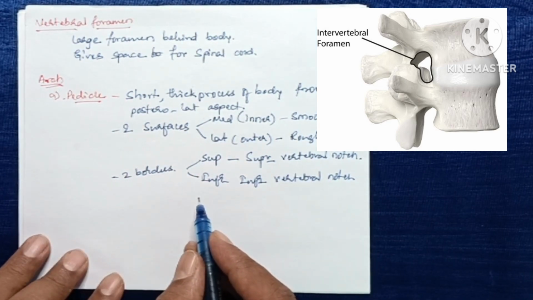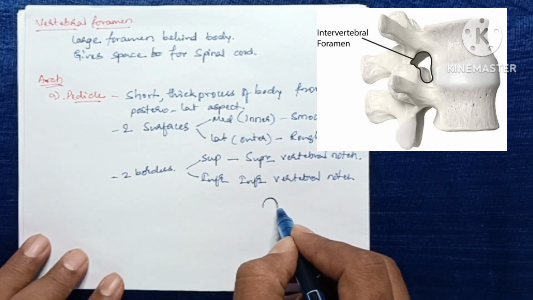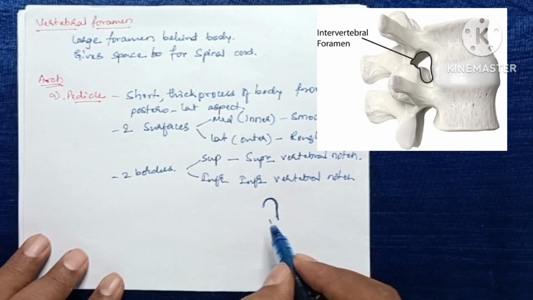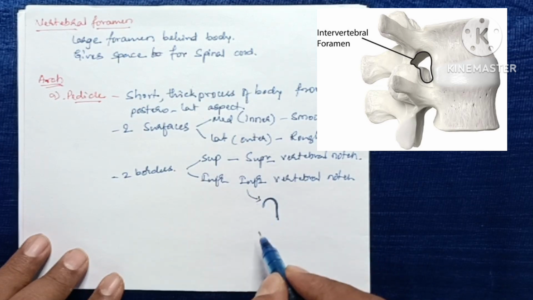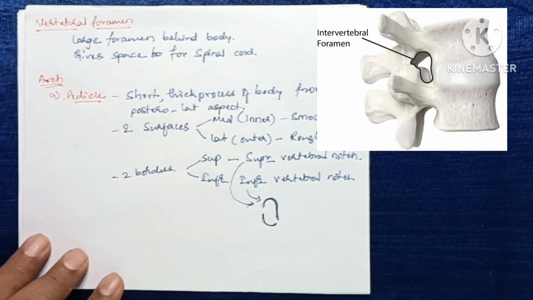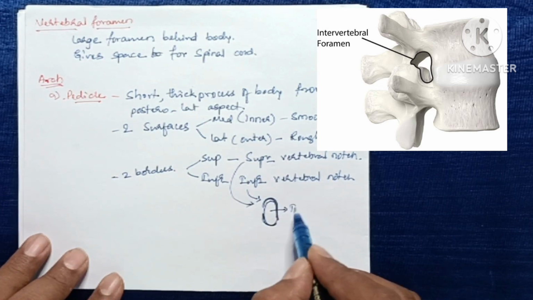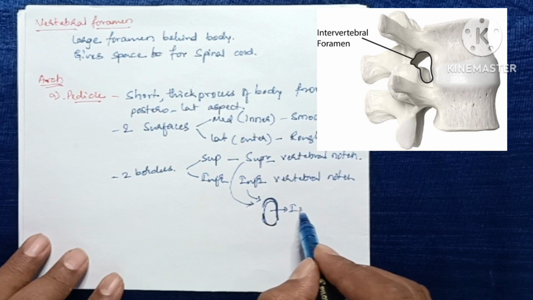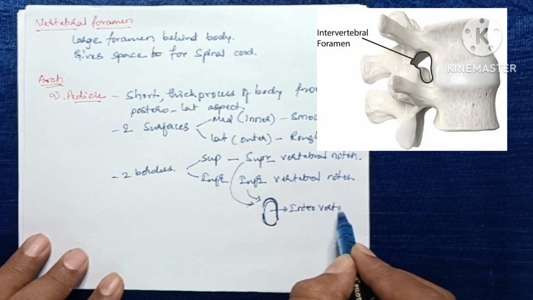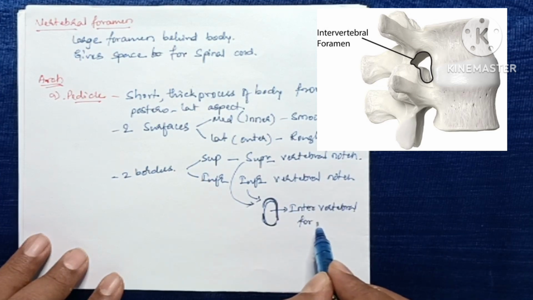The inferior vertebral notch of the superior vertebra and the superior vertebral notch of the inferior vertebra together form a foramen called the intervertebral foramen, through which the spinal nerve passes.